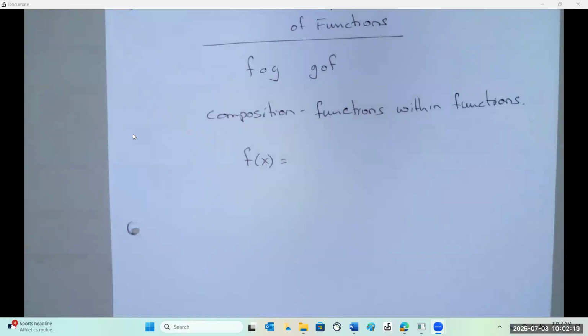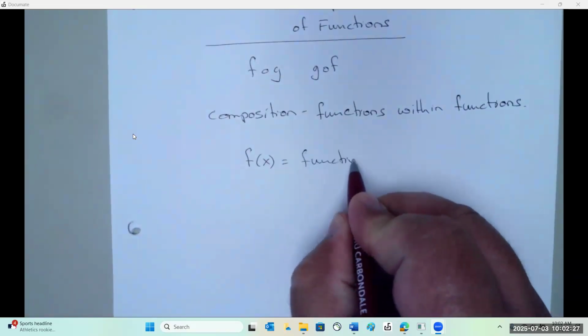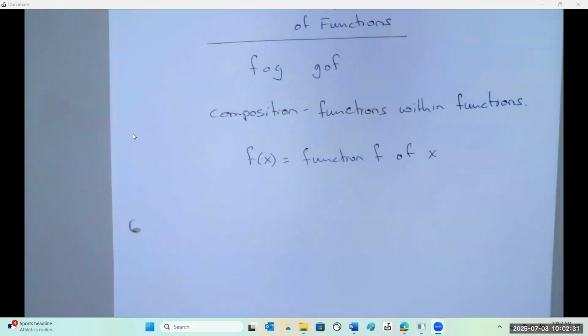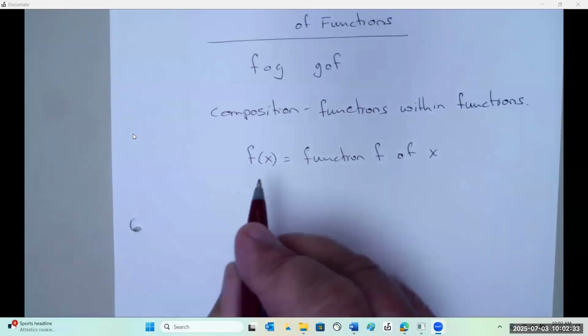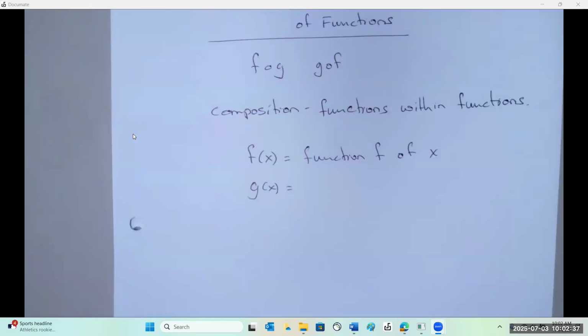How would you read that? We talked about functions already. How would you read that? Yeah, function f of x. Because what if I gave you g of x? You can't say function of x.